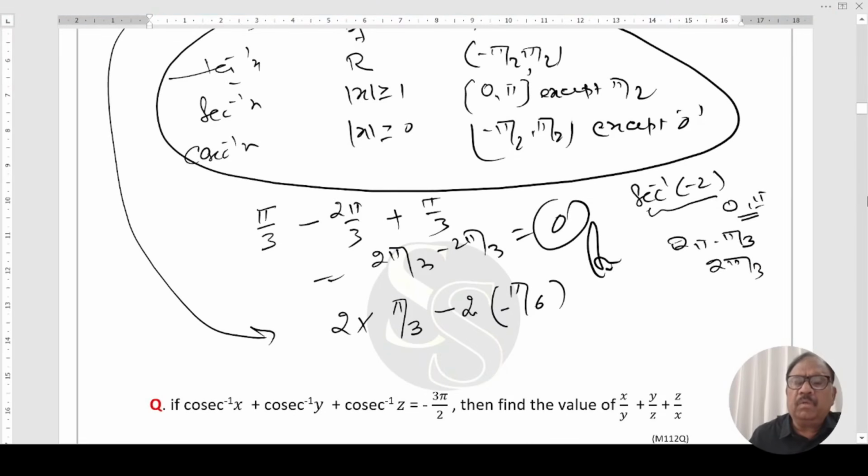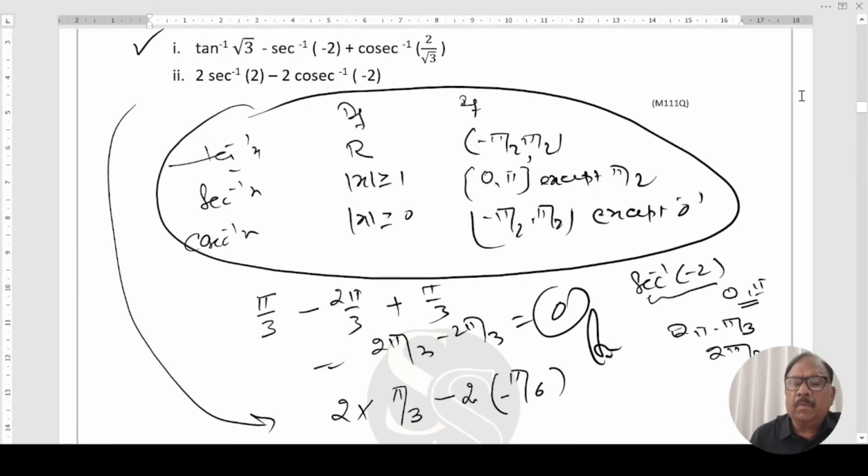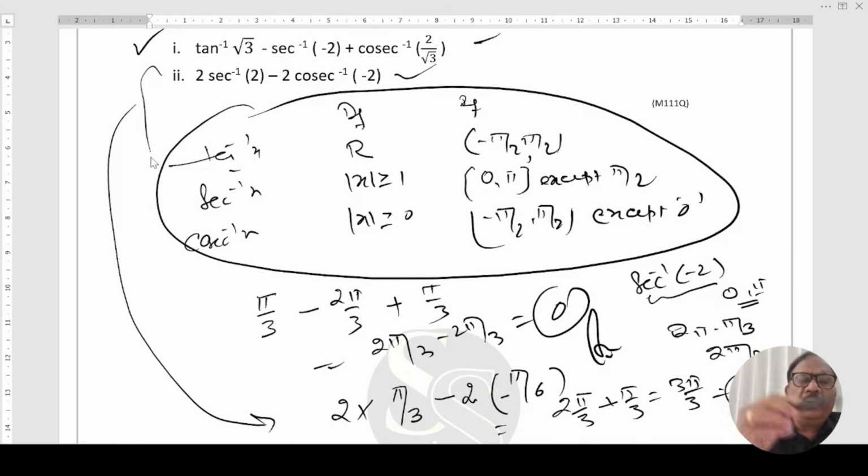On simplification we get 2 pi by 3 plus pi by 3, that is 3 pi by 3, that is pi. Pi is the answer of this question, right?